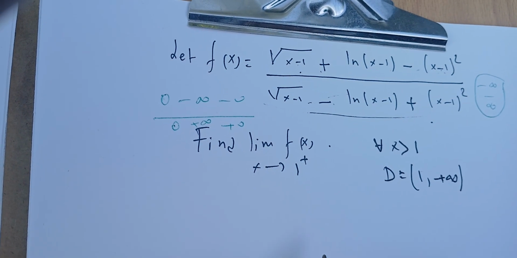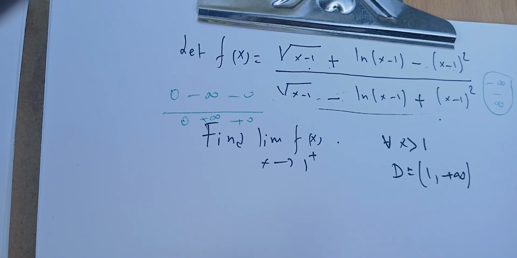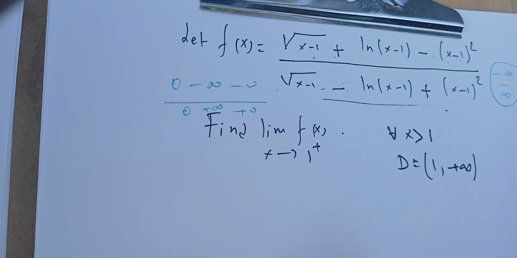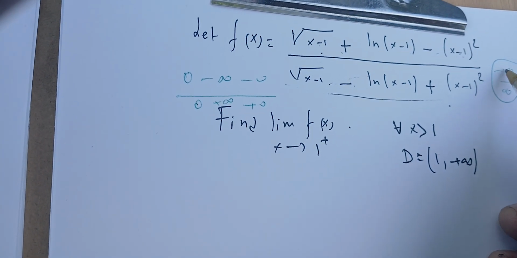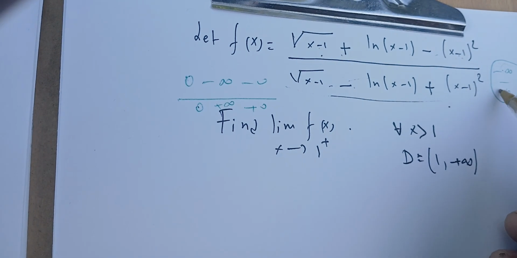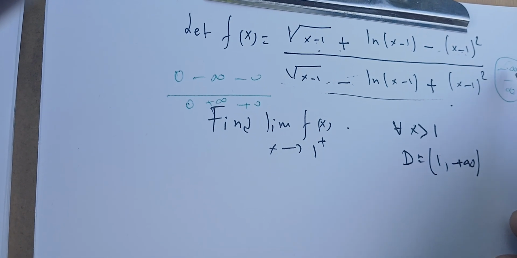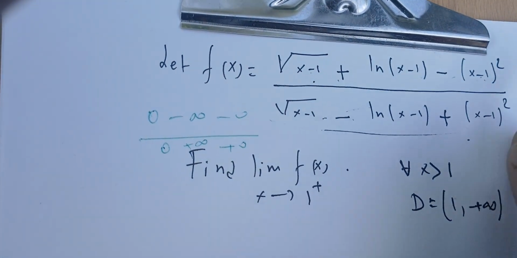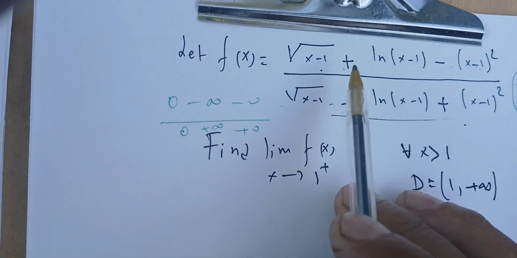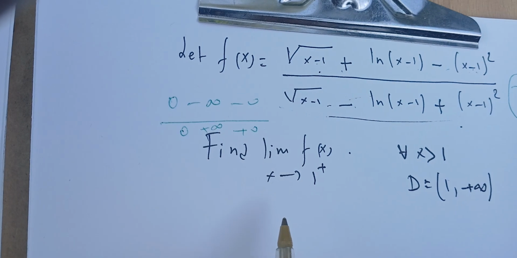And also, we can't apply L'Hospital's rule here, because we need to have either minus infinity over minus infinity or plus infinity over infinity, or we can rewrite this one in a form that we can use L'Hospital's rule. But that's not a big problem, because we can rewrite this one in a different manner.